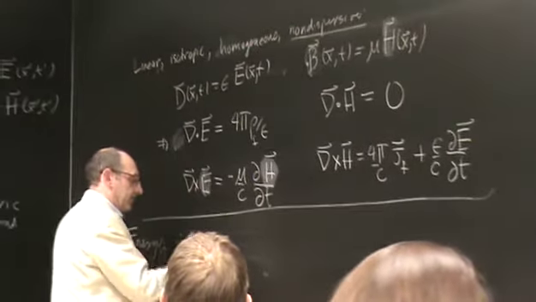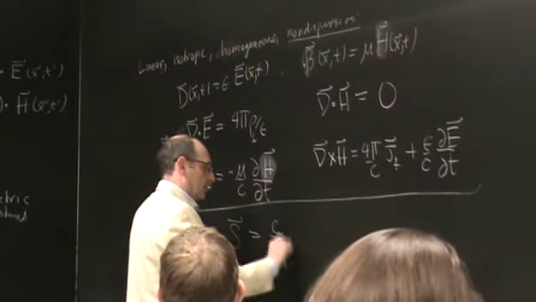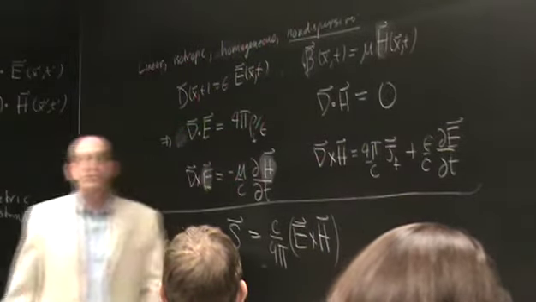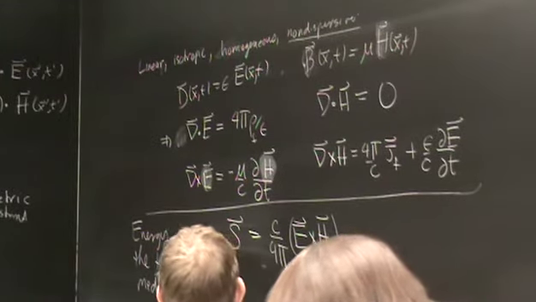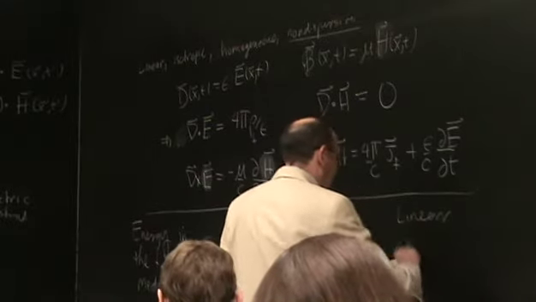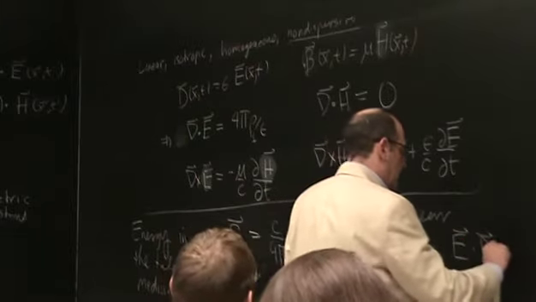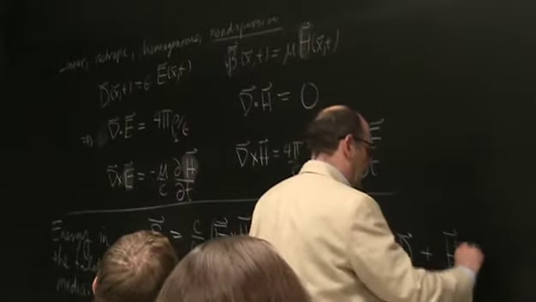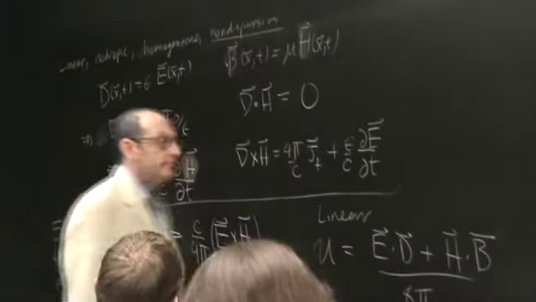What we showed at the end of last lecture was that the Poynting vector was given by E cross H. Moreover, if the medium is linear, then the energy density was (E dot D plus H dot B) over 8 pi.